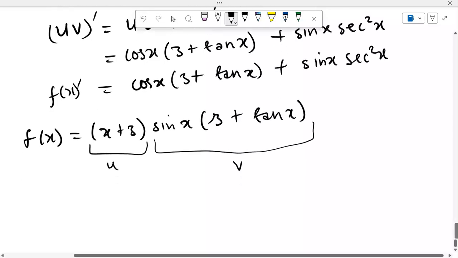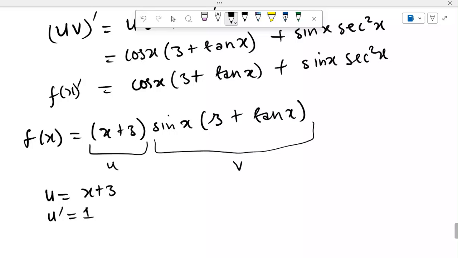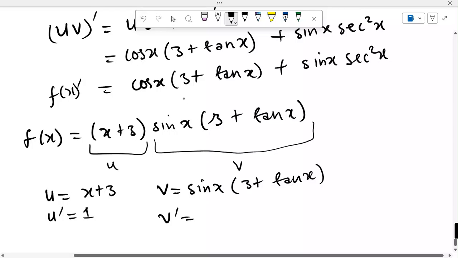So now let's say u now, u is what? x plus 3. u prime, differentiating x, just 1, coefficient is 1. Differentiating a constant, 0. And v is this function, or you just rewrite it. v prime, this function we will differentiate.